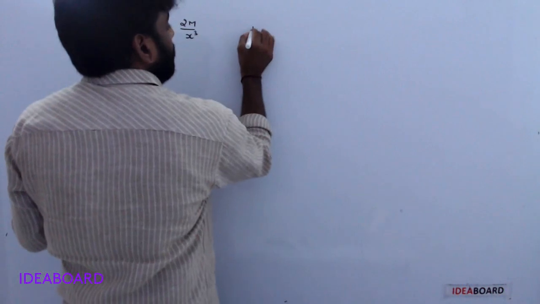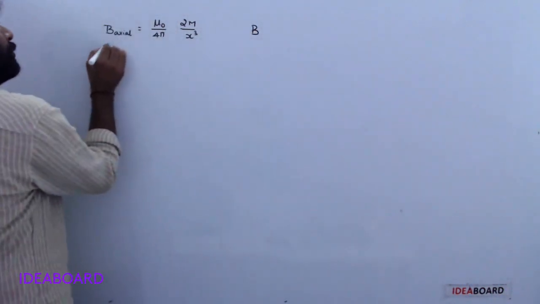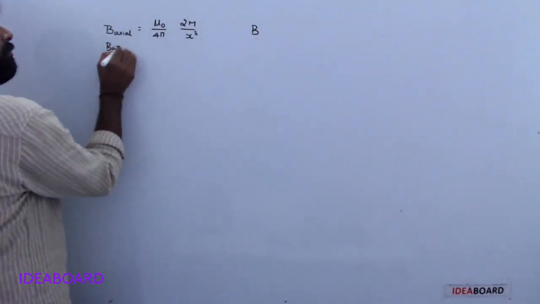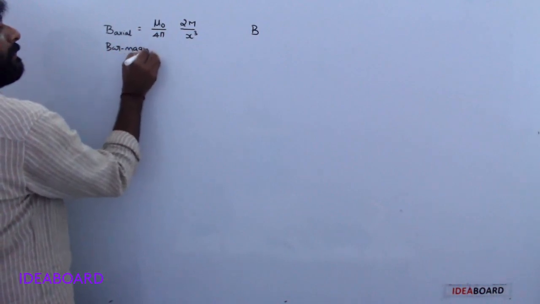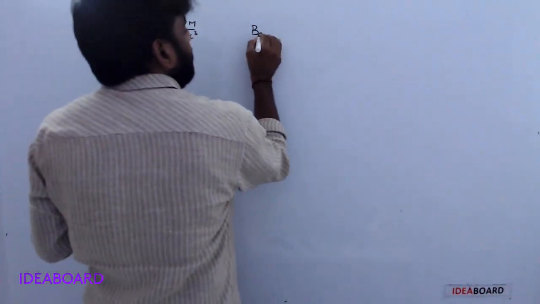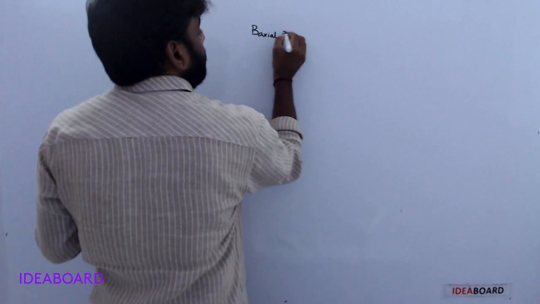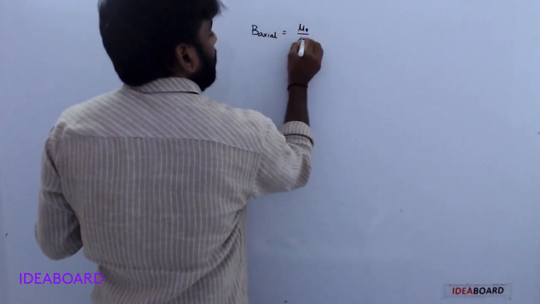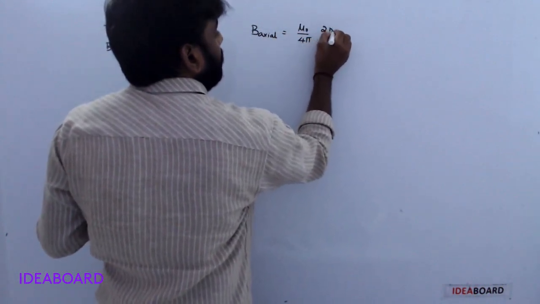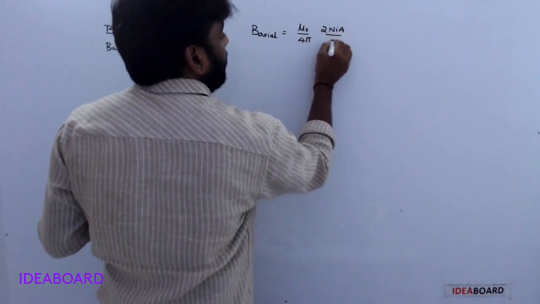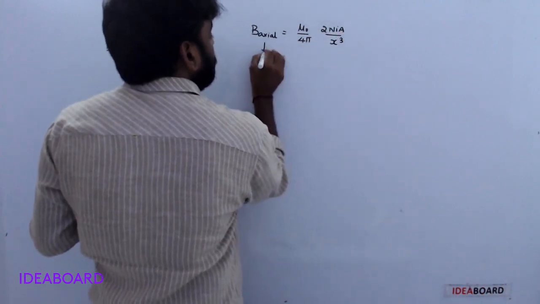Due to a circular current carrying coil, B axial is mu naught by 4 pi, 2 n I A by x cube.